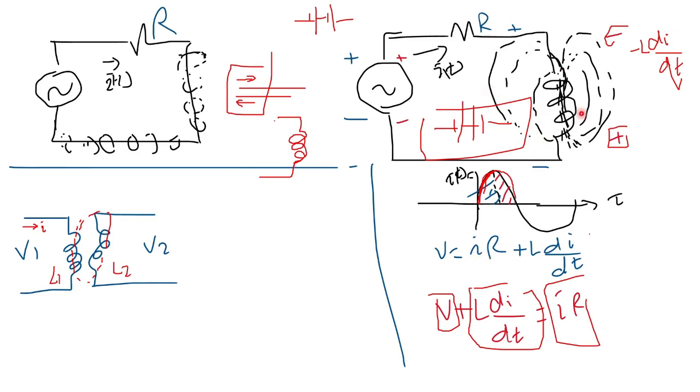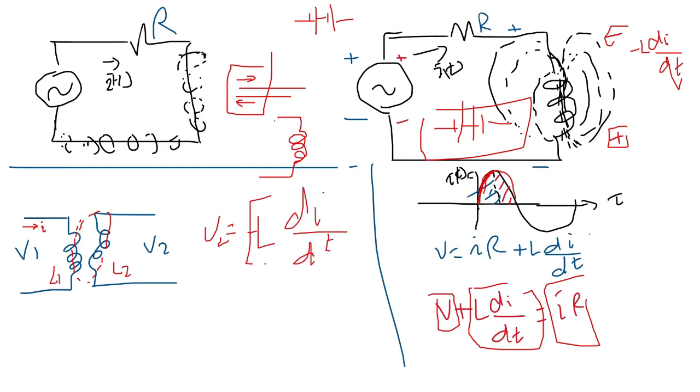So in this case, if we apply Kirchhoff's voltage law, the only voltage rise in the circuit would be the voltage source. So it will be V equals IR plus L dI by dt, because the voltage generated on the terminals of the coil because of the magnetic field equals minus L dI by dt.